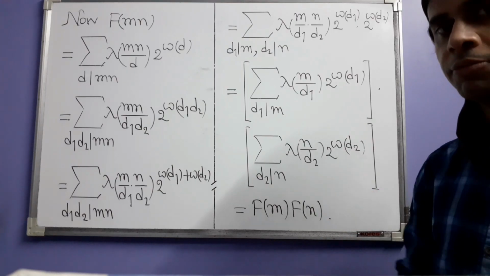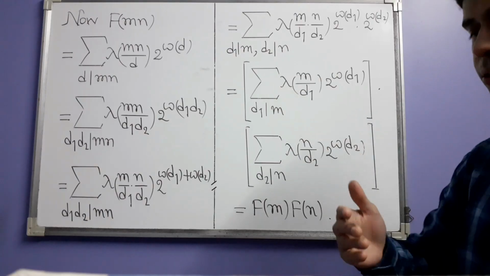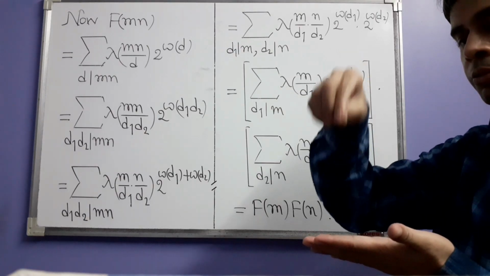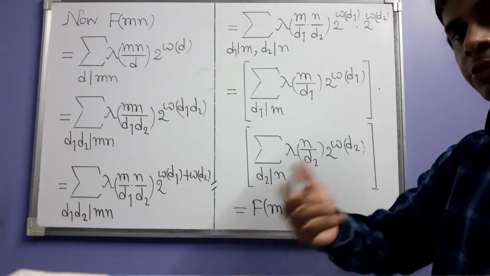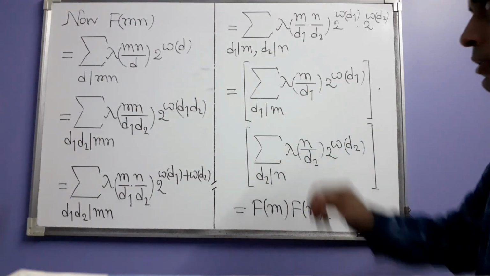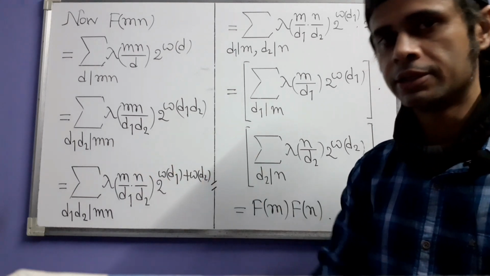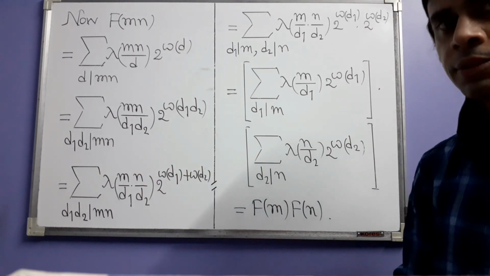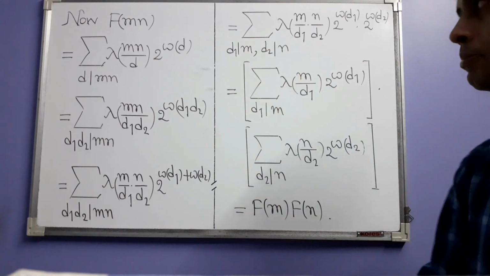When d1 is 1, all three d2 values 1, 2 and 4 will come, and for d1 equal to 3 also all those three values will come. You see that you get the same sum. That's how you can convince yourself that these two are the same.